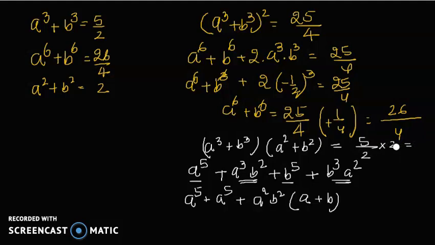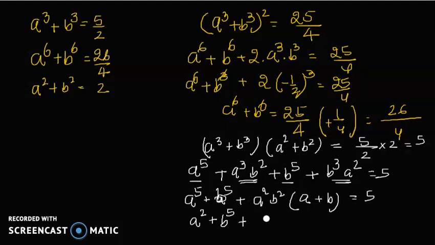this time 5 by 2 times 2 gives us 5. So we will write this equal to 5, this equal to 5, and AB, as we already know, a square b square, this has to be a b raised to power 5. So b raised to power 5, we got here a square plus b, a square times b square.